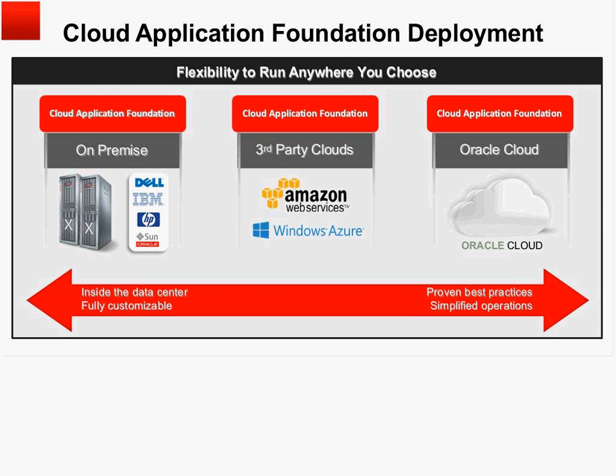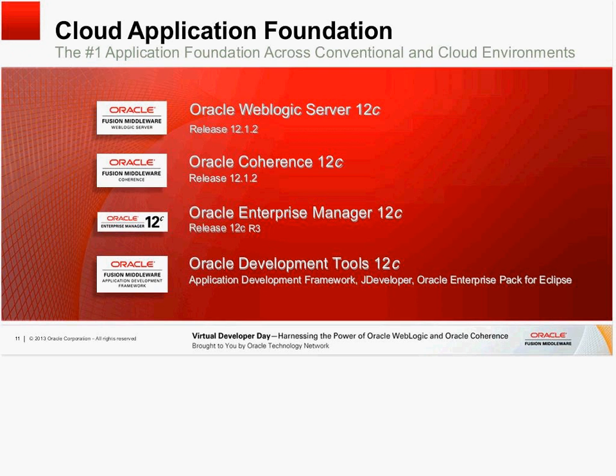And that's where we have this huge focus of investment as we go forward around all these three dimensions of cloud deployment. As I mentioned, we did have the major new release this past summer of 2013 with WebLogic Server 12c, Coherence 12c, the Enterprise Manager, and development tools.